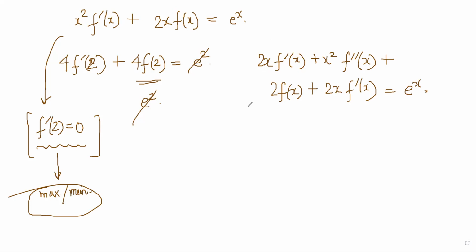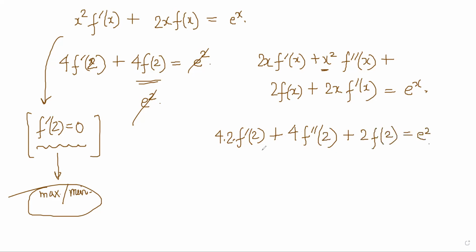In this, if you put x is equal to 2, you get 4 into 2 into f dash 2 plus 4 f double dash 2 plus 2f2 is equal to e power 2, right? Now this part is 0. This part is unknown. 4 f double dash 2 is equal to e square minus 2f2.